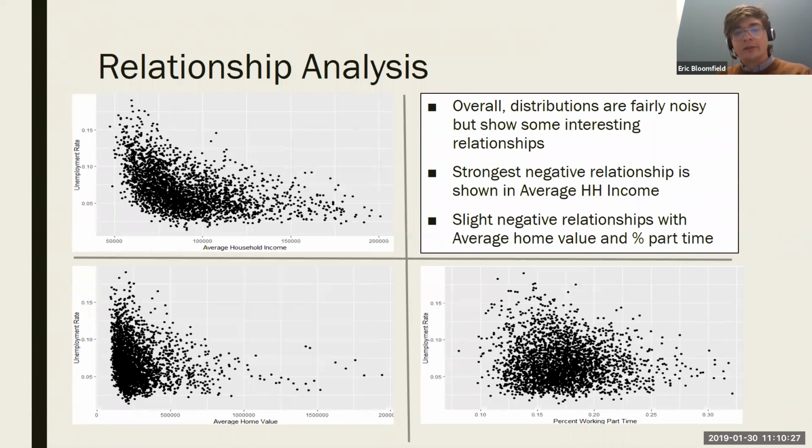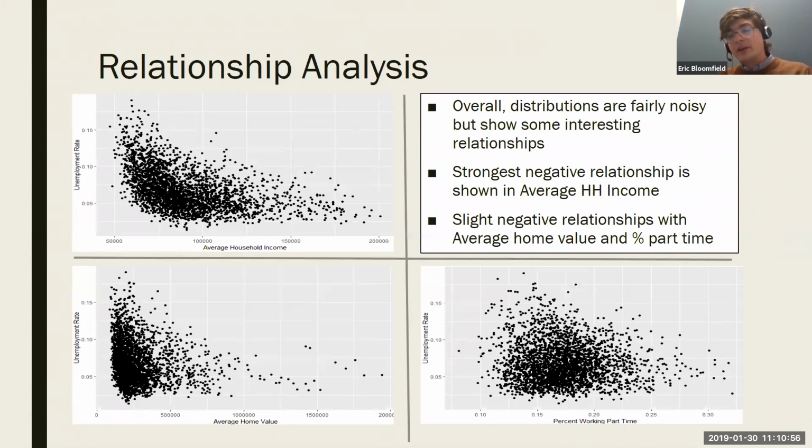So it looks like counties where there's a higher average household income have lower rates of unemployment. The bottom left shows average home value by county, and there's a similar negative relationship as we get further out to the right, where it looks like counties with higher average home value are also experiencing lower unemployment rate. This gives me some indication that household income and home value are probably correlated, which we would probably expect.